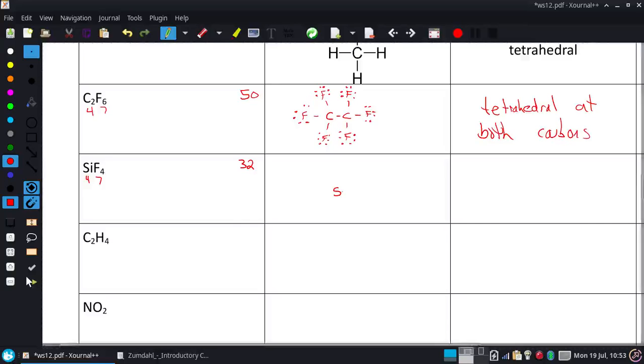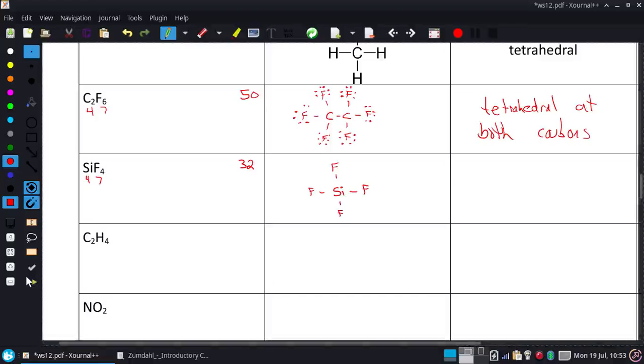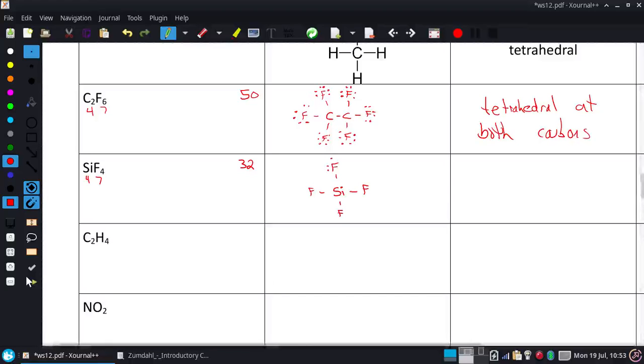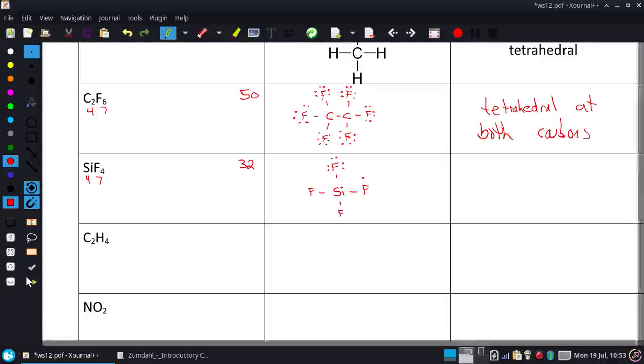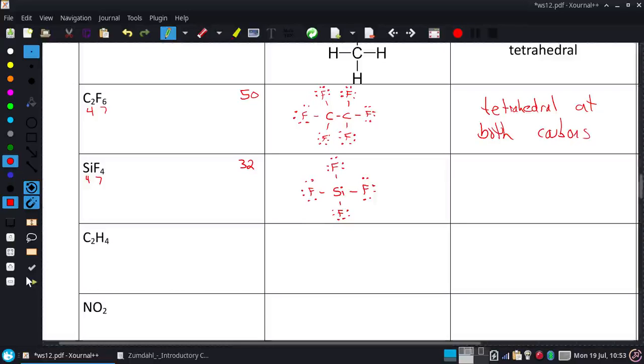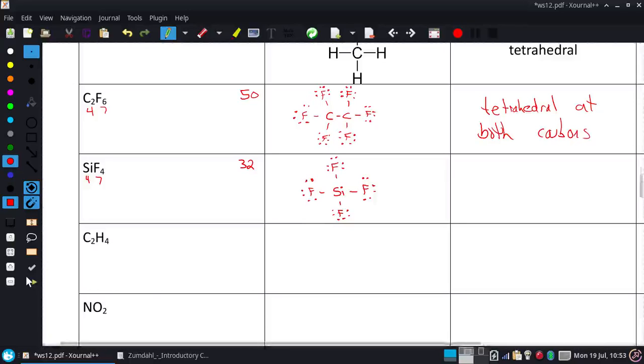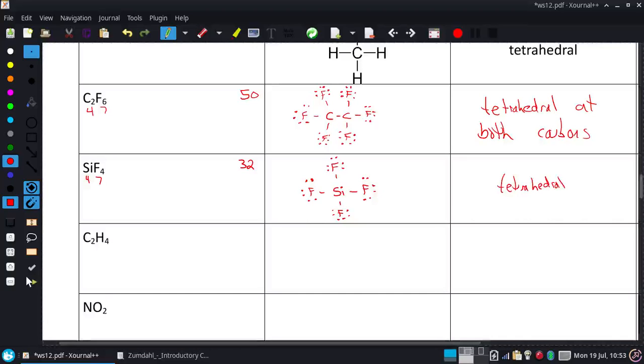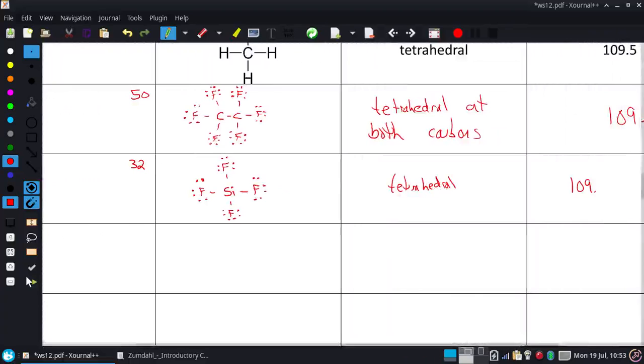Actually, silicon, I have a fluorine, a fluorine, a fluorine, and a fluorine. 2, 4, 6, 8, 10, 12, 14, 16, 18, 20, 22, 24, 26, 28, 30, 32. And that would be tetrahedral as well, because we have 4 things coming off the central atom. And so still 109.5 bond angles.